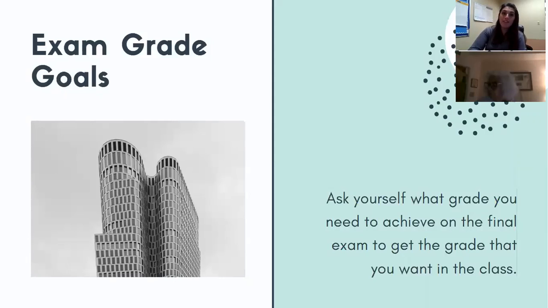Sort of this, if I get this score on the exam, what is my final grade going to be? And so take a look at your Canvas gradebook, add in different scores for your final, and see how it impacts your overall grade in the class.